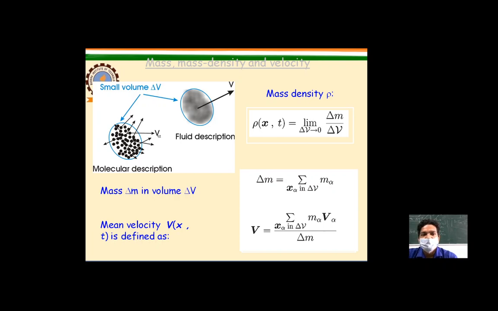If we consider the diagram, suppose that mass delta m exists for the volume delta V, and the mean velocity is V. We all know the mass density will be defined as the ratio of mass to volume occupied.